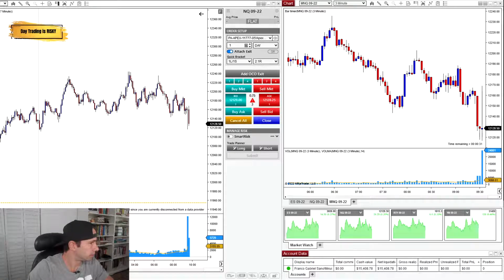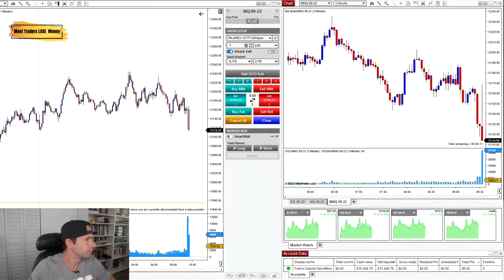All right, let's put the dollar here on the right so we can see it at all times. Wow. Dollar is very strong. Very strong.